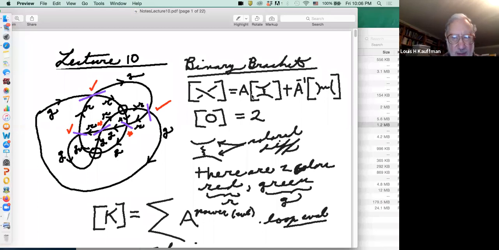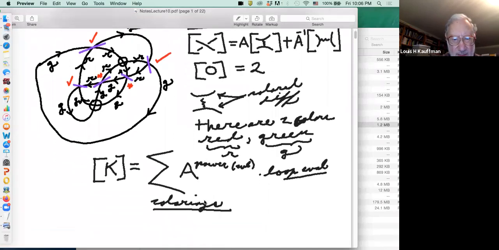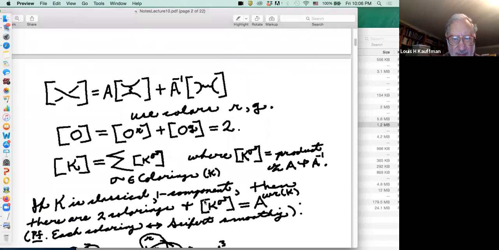So the binary bracket has this expansion where this means that these are colored differently with two colors. And then you see that if you were looking at a single loop, then it would be possibly red or possibly green, each one evaluating to 1, giving you the 2.